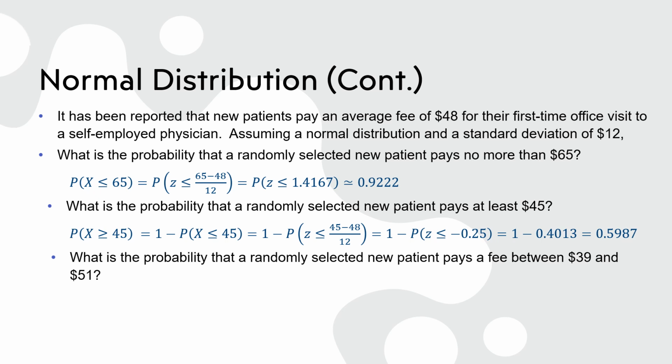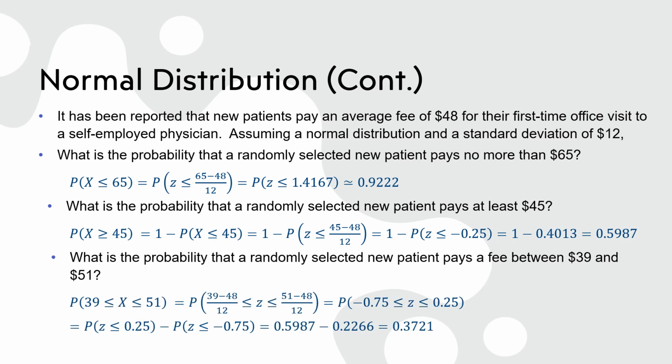This value represents the proportion of patients who pay less than $45. To find the proportion of patients who pay at least $45, we subtract this probability from 1, since all probabilities add up to 1. The result is 0.5987, or approximately 59.87%.